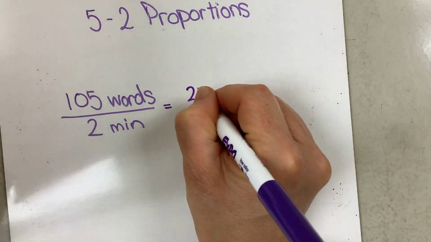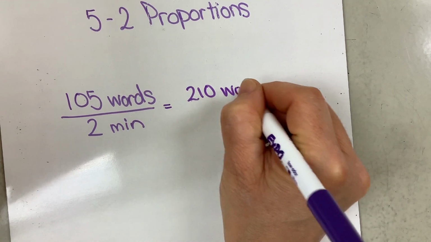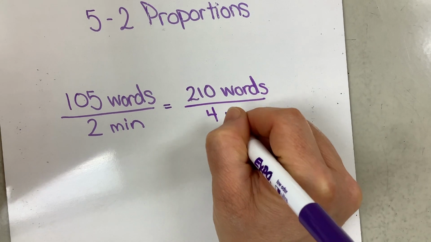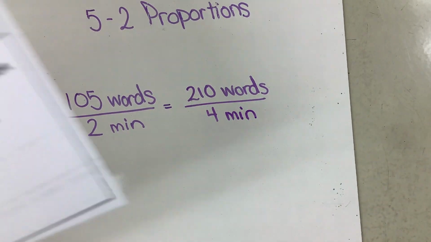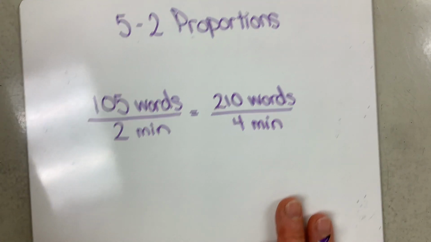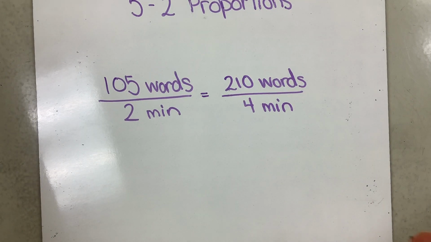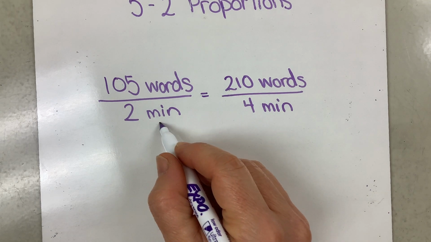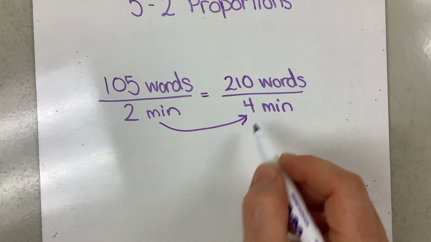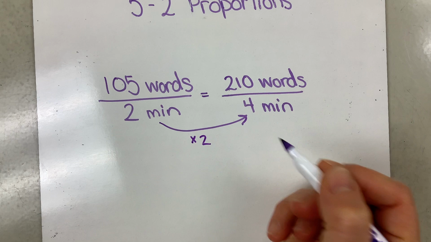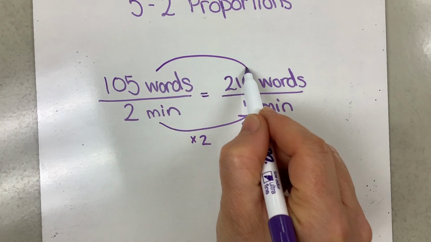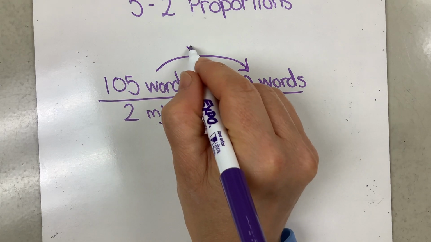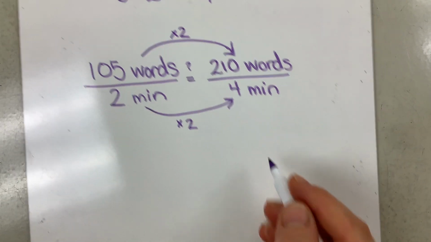So 210 words in 4 minutes. Okay. Again, you could do the butterfly method, you could reduce fractions, you could do many different things. For me, I like the fact that I know 2 times 2 is 4. So that tells me if this is true, I'm going to take 105 times 2 and I'll get 210.